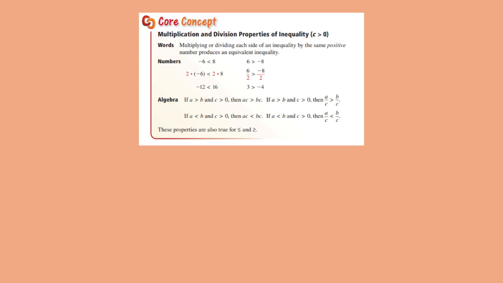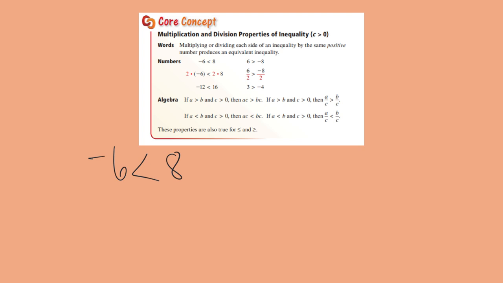When we're dividing and multiplying, sometimes we have to change our signs. So let's look at this example. We have -6 is less than 8.